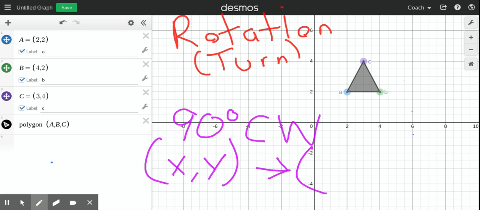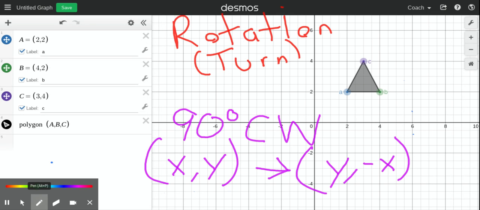The x and the y are basically going to flip-flop places, in the sense that now the y is there and the x is negative there. All right, so let's get an example here. I can squeeze this in at the bottom and use different colors so it'll be a little easier.